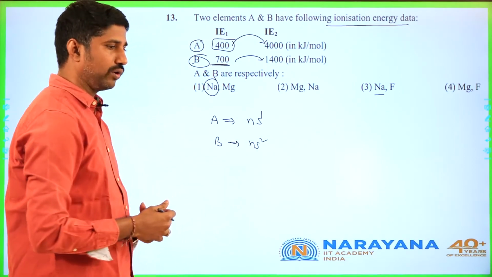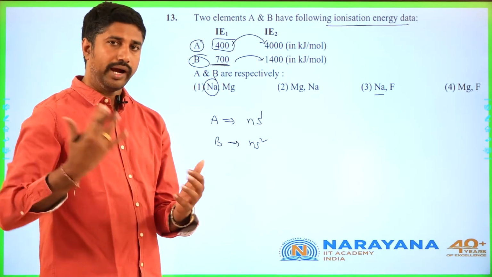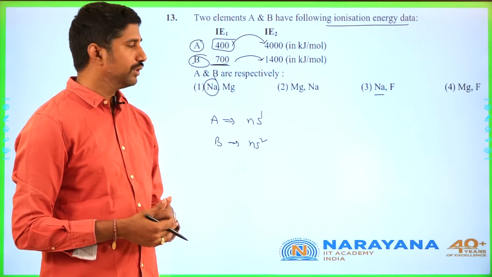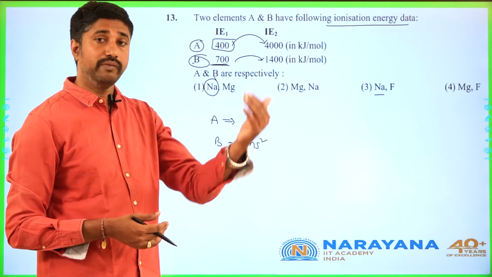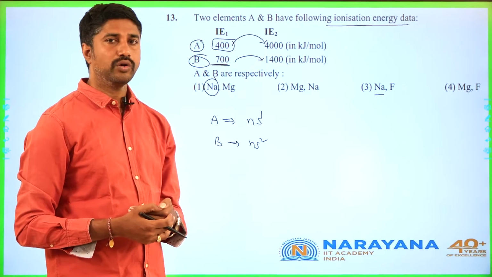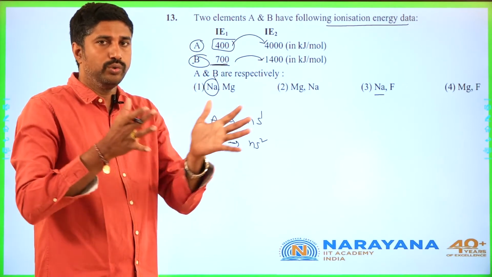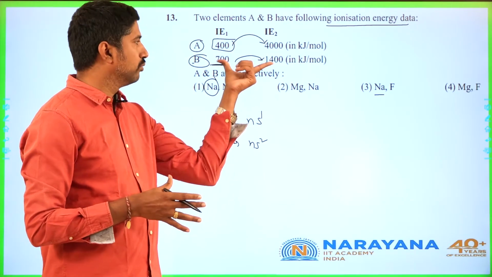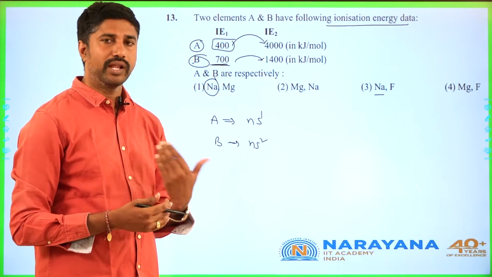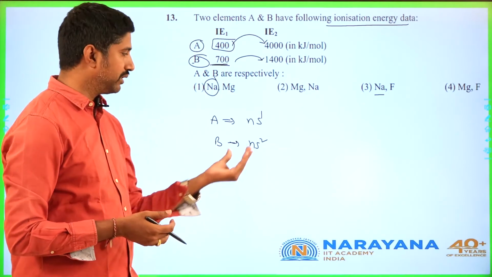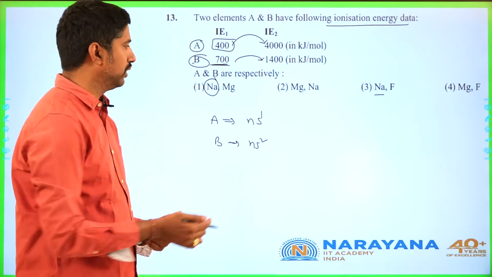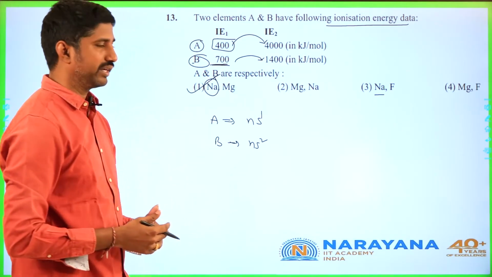By removing the first electron it may have ns1, and by removing the second electron it may reach the nearest noble gas configuration, so the third ionization potential will be very high. If the difference between first and second is not very high and there is no huge gap, then we can say both electrons are removable valence electrons. So having that ns2 configuration, the element will be nothing but magnesium. So that option will be 1.